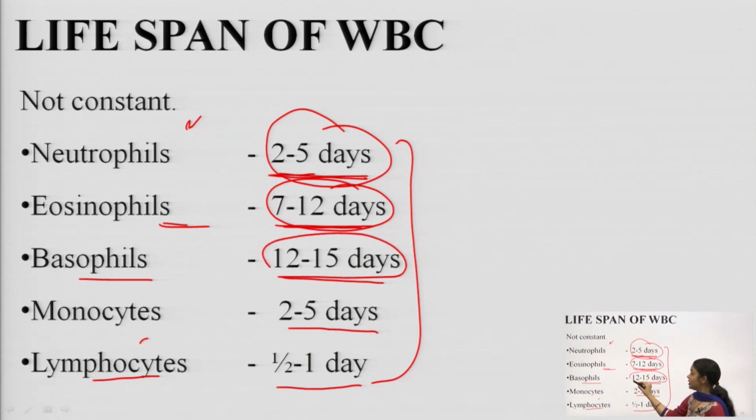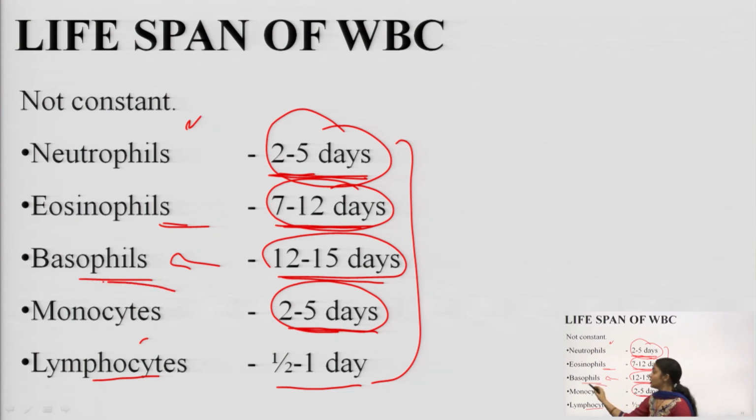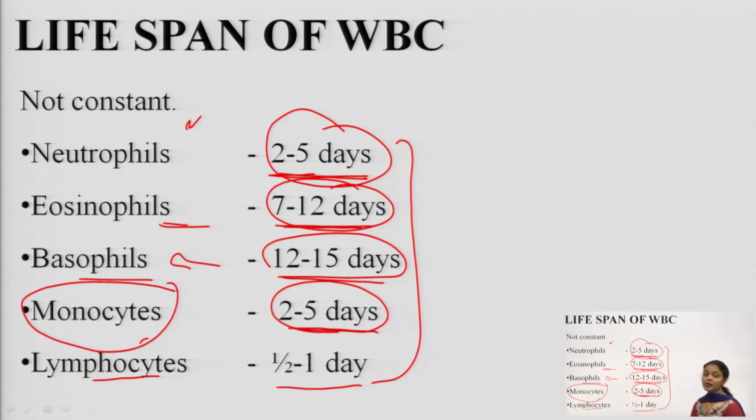After 12 to 15 days, the basophils are going to be degraded, and the monocytes have a lifespan of 2 to 5 days. After that, the cells should be replaced by new ones. Whereas the lymphocytes have a lifespan of half to 1 day. Means after that, the lymphocytes should be replaced with new lymphocytes.